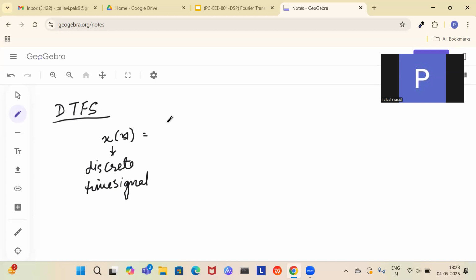Now this is written as the sum from k equals 0 to N minus 1 of c_k e to the power j 2 pi k n by capital N. Now here, n is going from 0 to N minus 1.